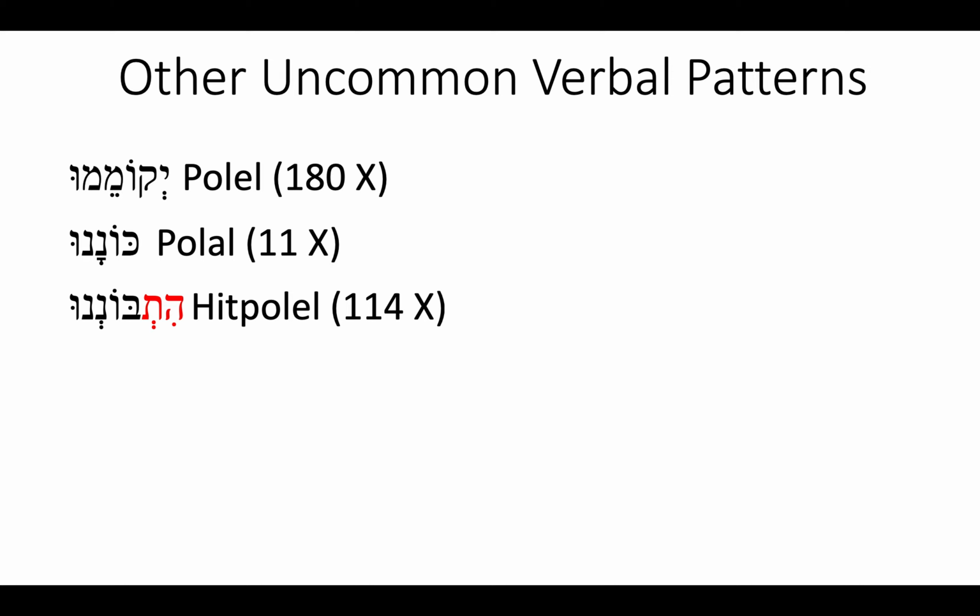So this verb starts with a hit, like we would expect, and then we have a root, and this root is actually bet yod nun, which means to separate or differentiate between something and something else, to discern. So it comes into Hebrew in Proverbs, a word like binah, which means discernment or wisdom. But in any event, the third root letter is duplicated. So we have both the hit at the beginning and the duplication of the third root letter.